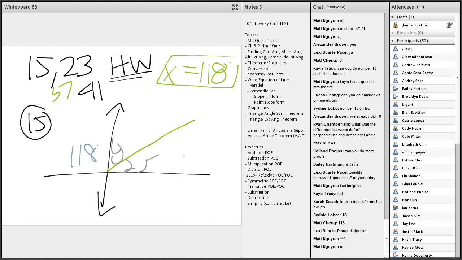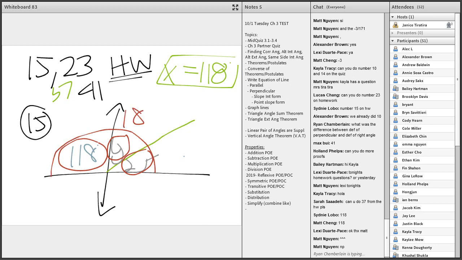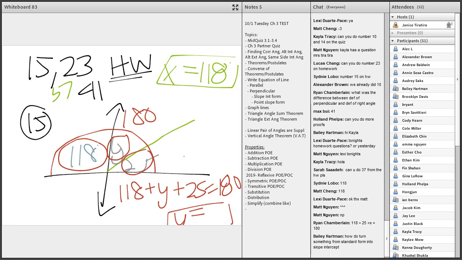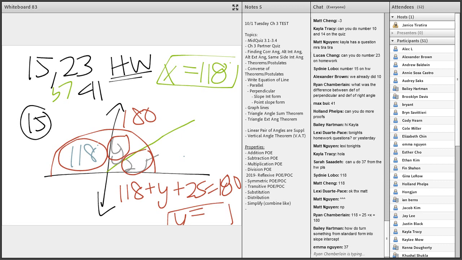This line is formed from 3 angles. So it's not a pair, but a triple. This line has 3 angles, and they should add up to 180. Therefore, you do 118 plus y plus 25 equals 180, and then you'll get your answer. So you've got to look at it one thing at a time.